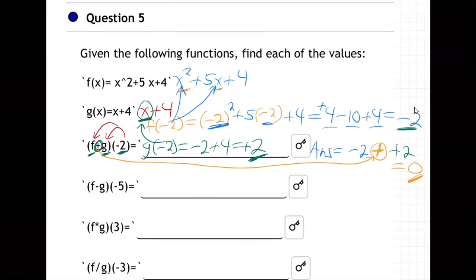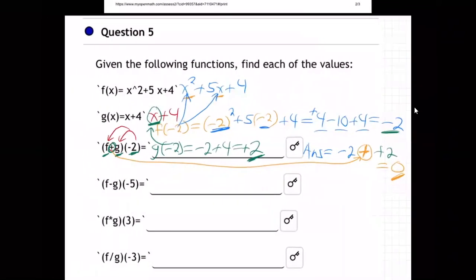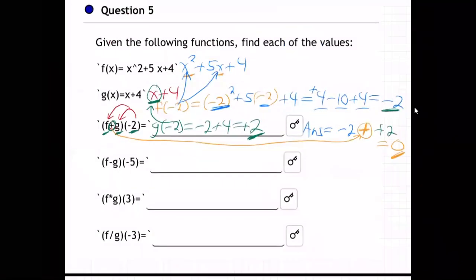The first one just comes out 0. -2 and +2 just makes 0. We good there so far? So again, what did I do? I plugged in -2 into both functions, got my two answers, and then added them because that's what they said in the middle.